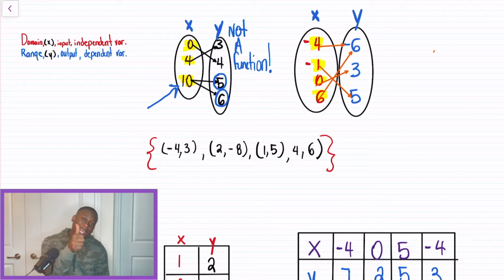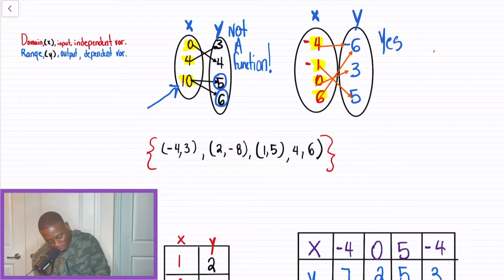This is a function, guys. It does not matter if those arrows that we drew in orange are crisscrossing. As long as each x only has one y, it is a function. So we would say yes. Oh, let's go back. Yes, it is a function.